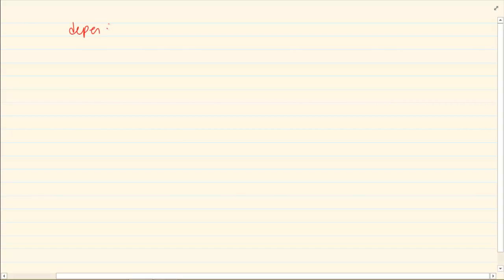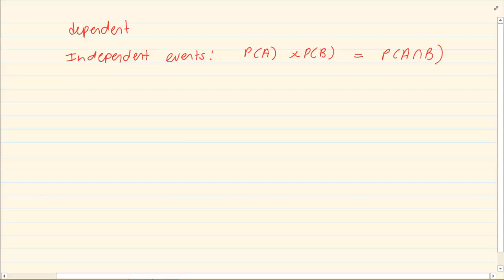In the grade 11 probability, the first thing that we discussed was dependent and independent events. Independent events say that P(A) times P(B) is equal to P(A and B).